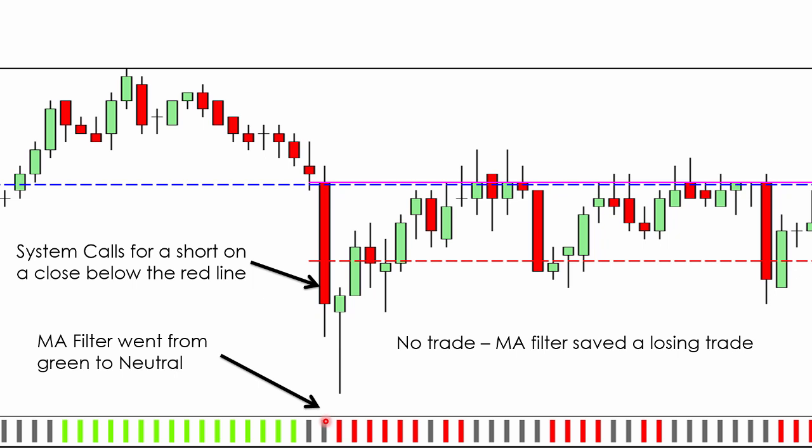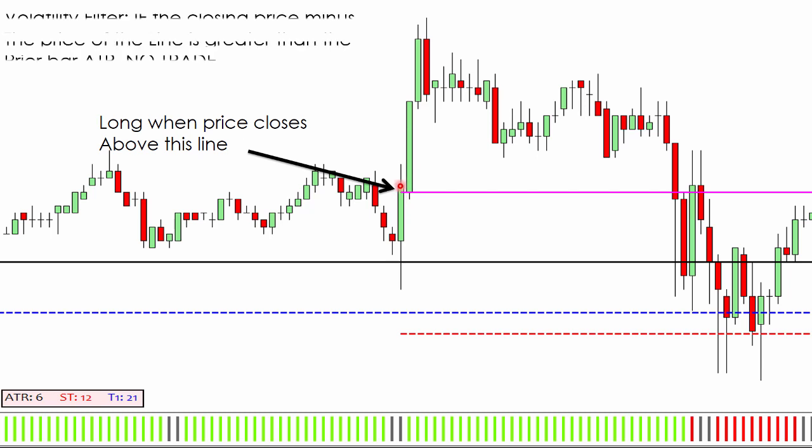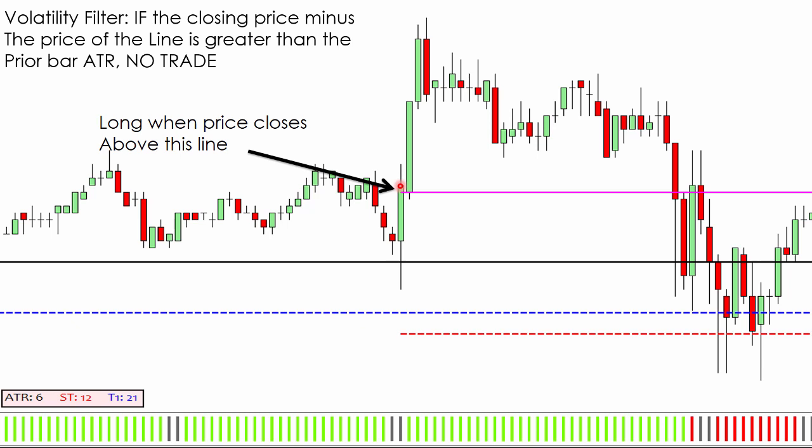Now let's take a look at the volatility filter. So in this example, I want to be long once price closes above the pink line by at least 2 ticks. This bar was only 1. So let me walk through the volatility filter with you. Now pay attention here, please.